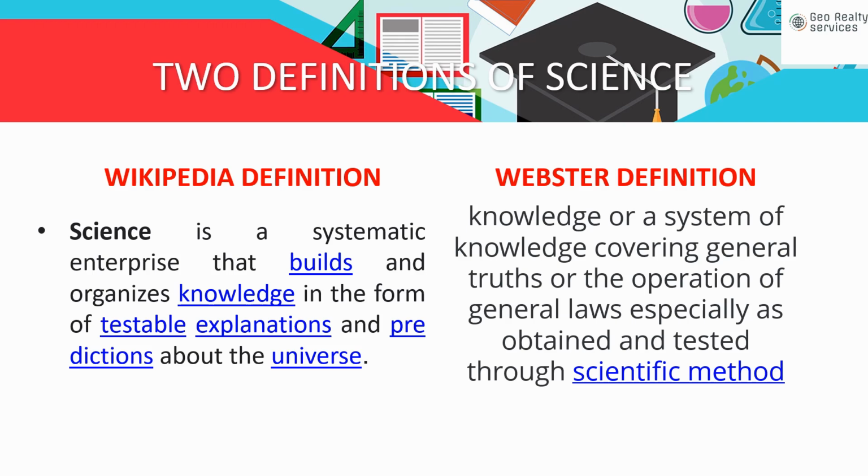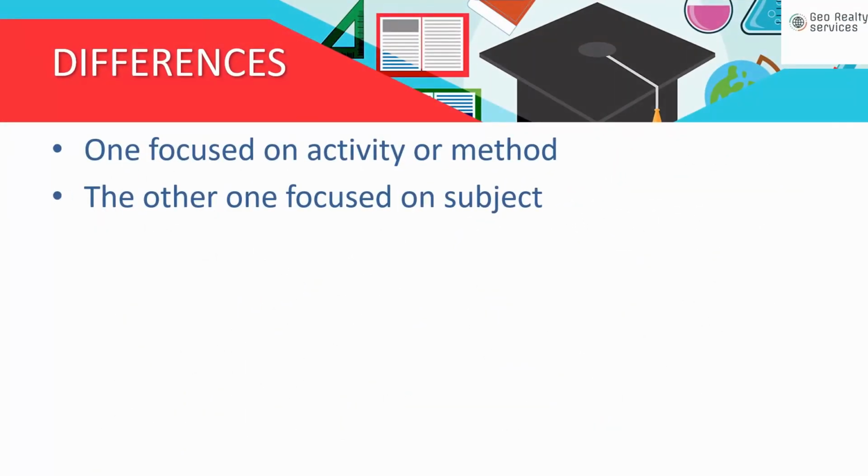What are the core differences between the two definitions given above? One is focusing on activity or method, and the other one is more on subject. As a subject, science is a set of human knowledge on general truths.